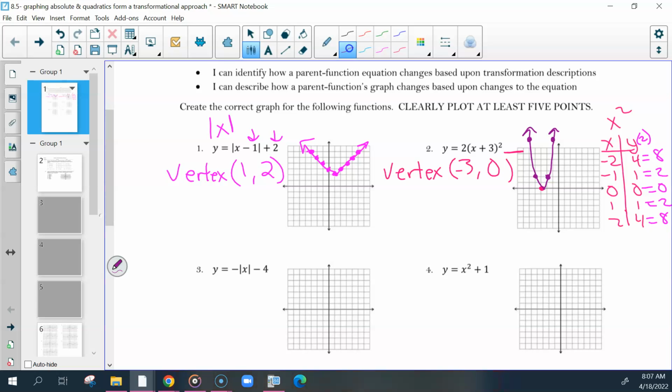But if we're multiplying it by 2, that distance would also change. Instead of there being a distance of 1, there'd be a distance of 2. Instead of being a distance of 3, it'd be a distance of 6. You could also check that one in your calculator to make sure everything is right.